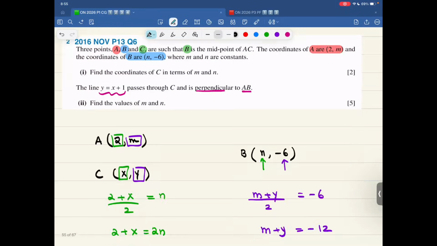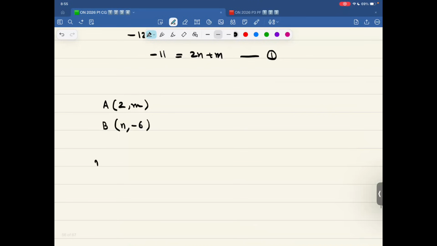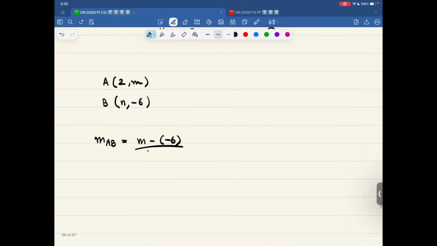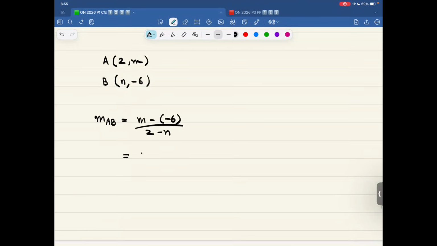It's perpendicular to AB, so let me first evaluate the gradient of AB. That is m minus negative 6, divided by 2 minus n, which is m plus 6 divided by 2 minus n.